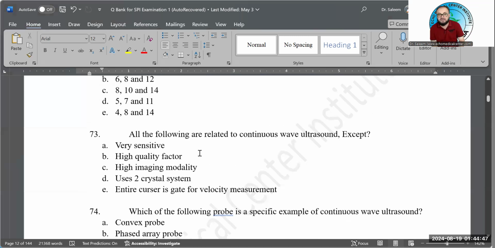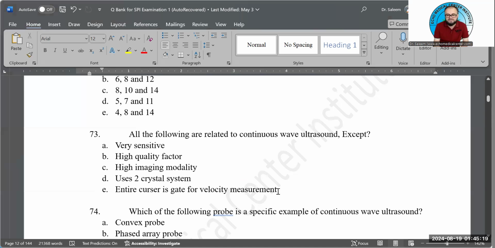Now, all of the following are related to continuous wave ultrasound, except one. Because we know we have 2 types of ultrasound: one is continuous wave and one is pulse wave. So all of them are from continuous wave, and one is from pulse wave. Which one is the correct answer? Very sensitive, high quality factor, high imaging modality, uses 2 crystal system, an entire cursor gate for the velocity measurement.